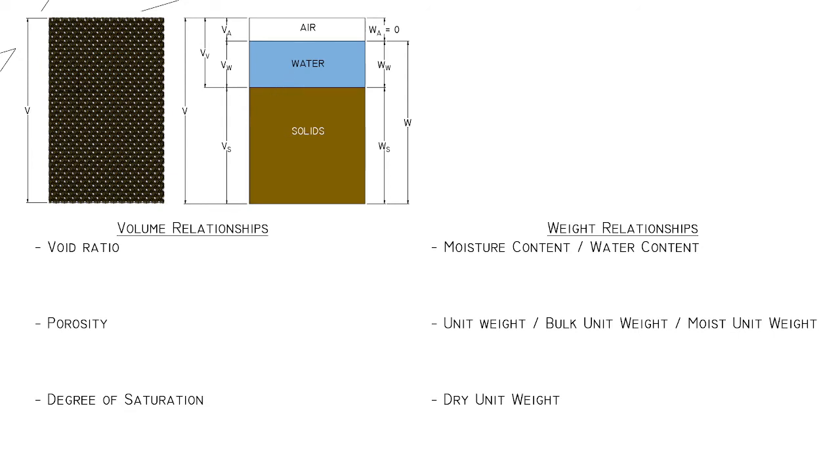So, let us establish some mathematical equations. First, Vv is equal to Va plus Vw. And then, the total volume V is equal to Vs plus the volume of voids, which is also equal to Vs plus Va plus Vw.